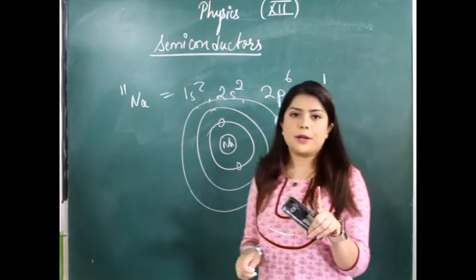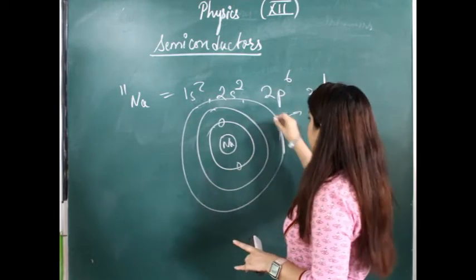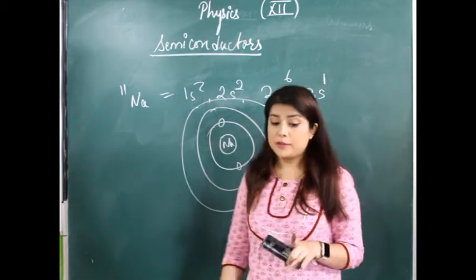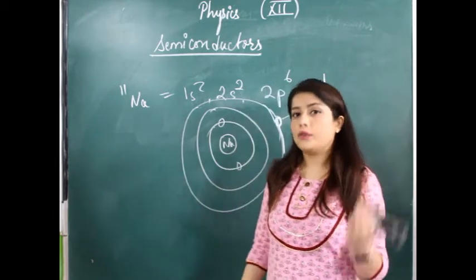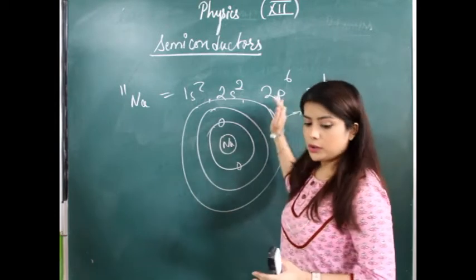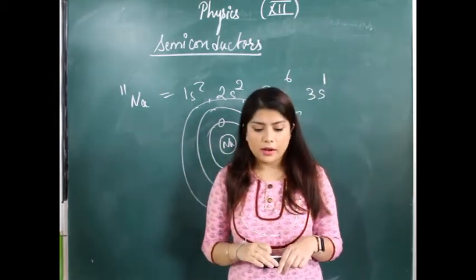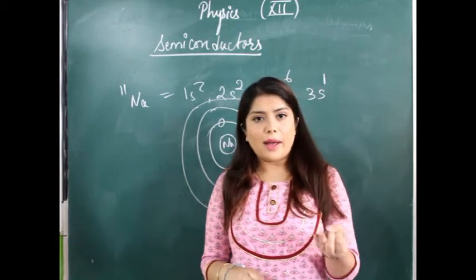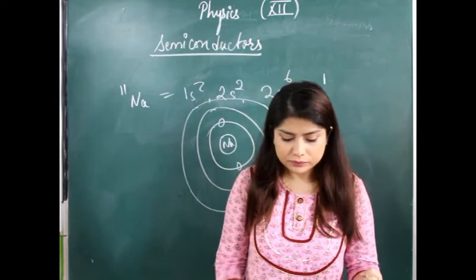This band is known as the valence band, because the electron of valency is kept in that band. So there are different energy bands: the valence band, the conduction band, and in between the two there is a forbidden gap.